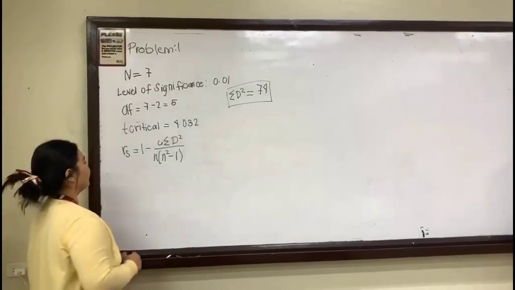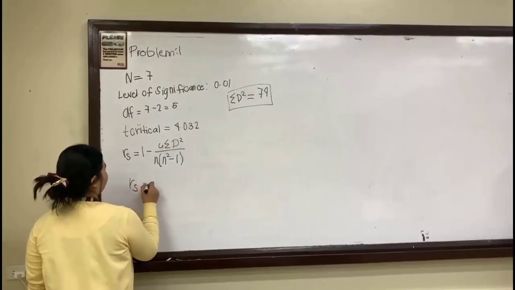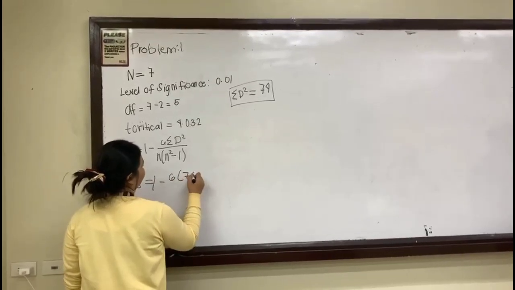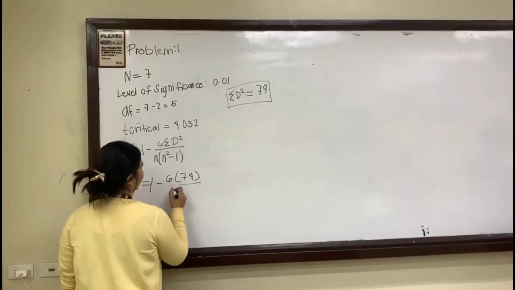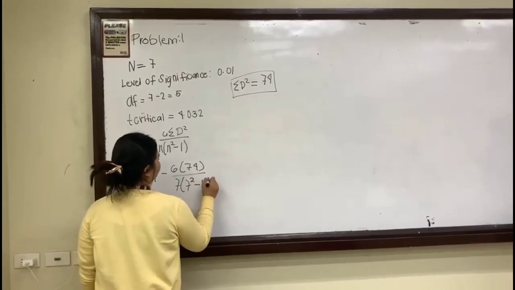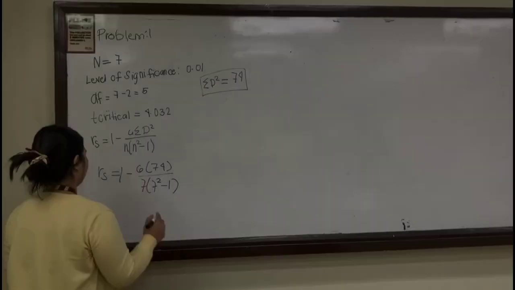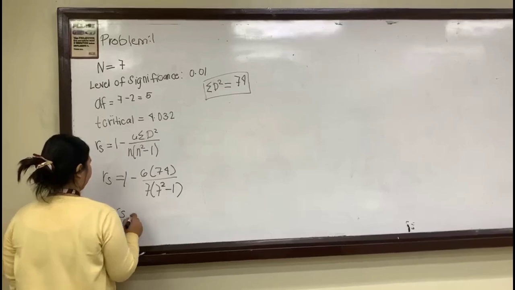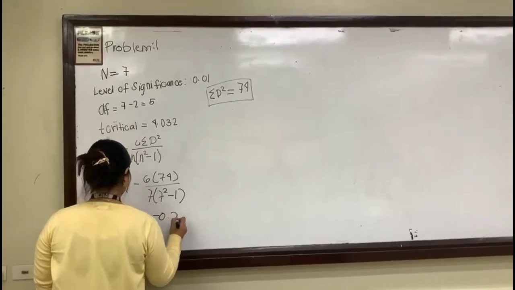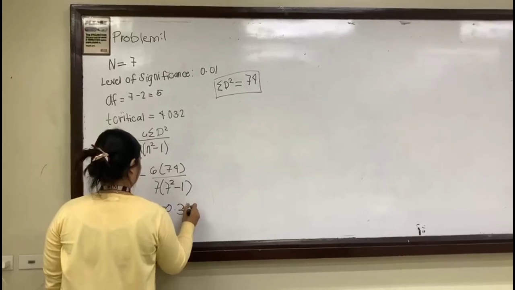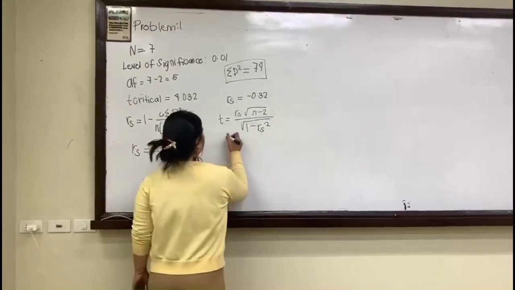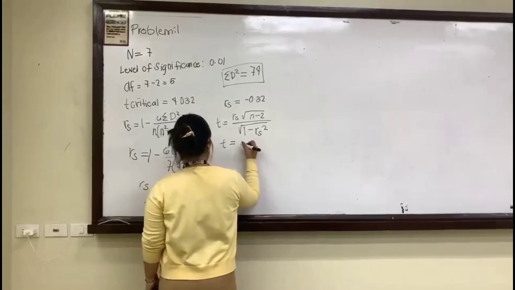Our formula, the r sub s. So r sub s is equal to negative 0.3. To find our t value, we use this formula.